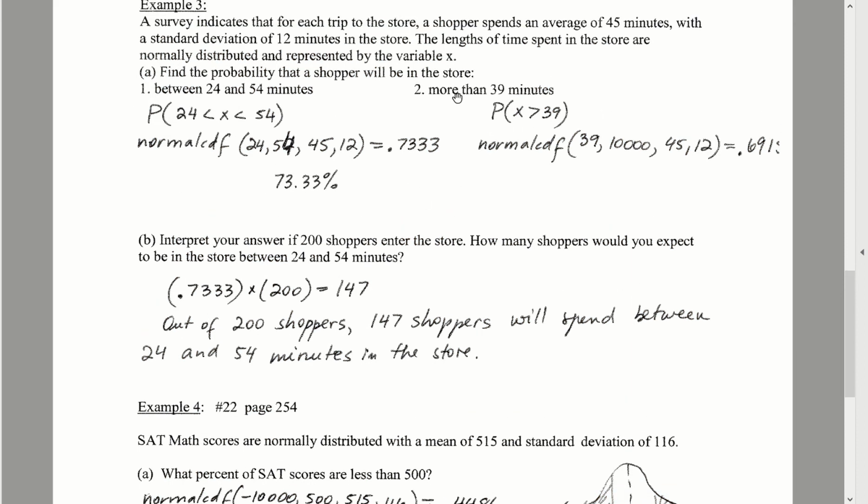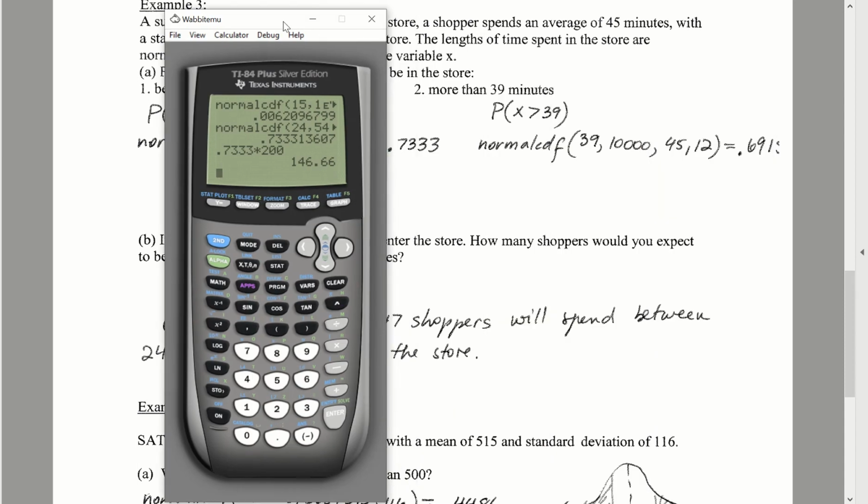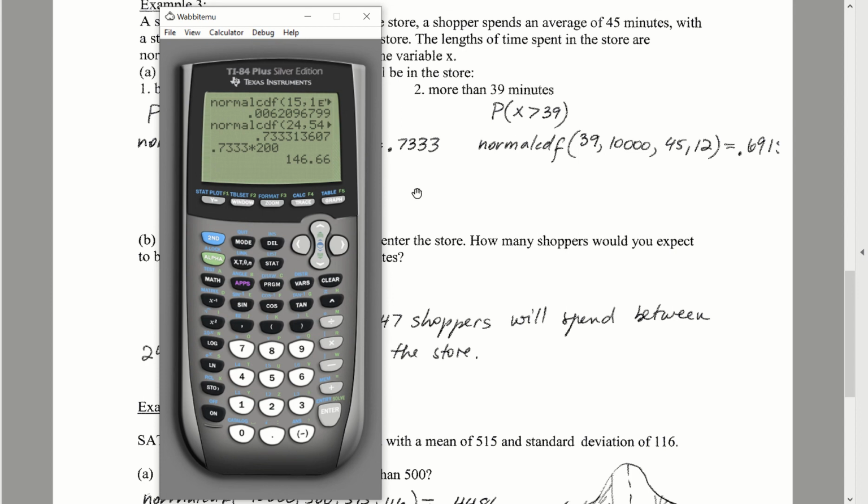Let's go back and finish the other remaining part of this one. What's the probability that a shopper spends more than 39 minutes in the store? So for more than 39, again, if you want to, you could go ahead and sketch it out. Second distribution, normal CDF. If it's more than 39, that means that it would be to the right or above 39, meaning 39 would be the lower bound.